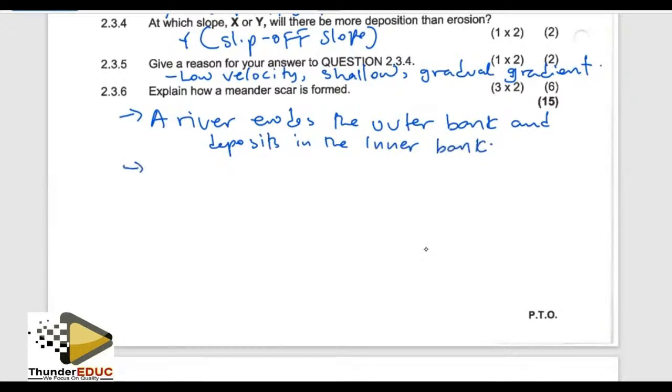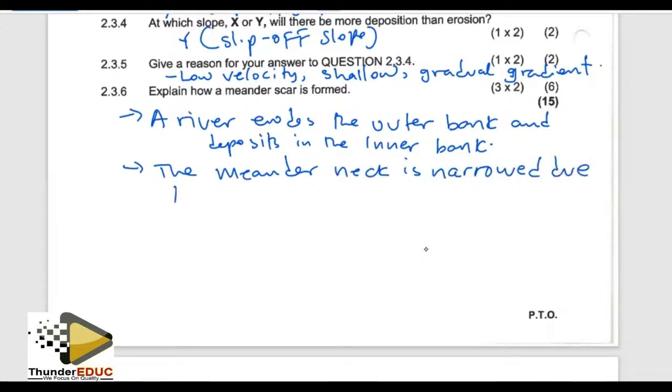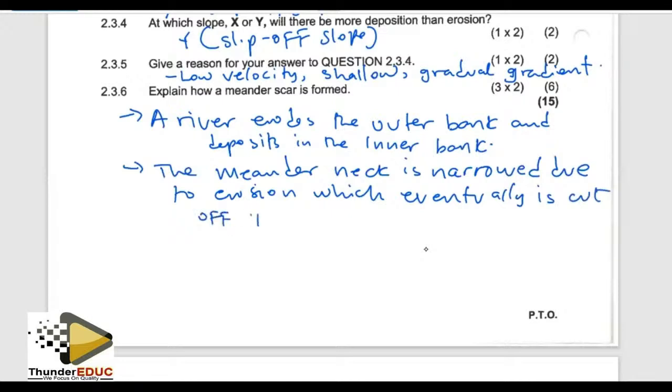Then the meander neck is narrowed due to erosion, which eventually breaks and is cut off, forming the oxbow lake.